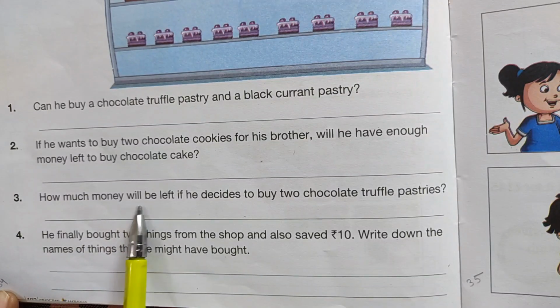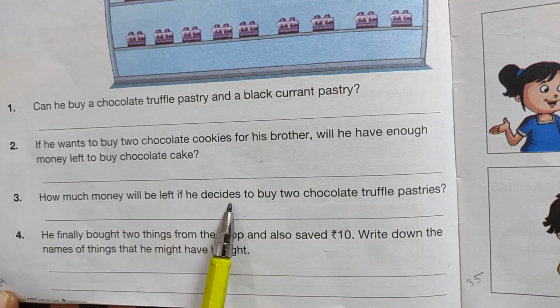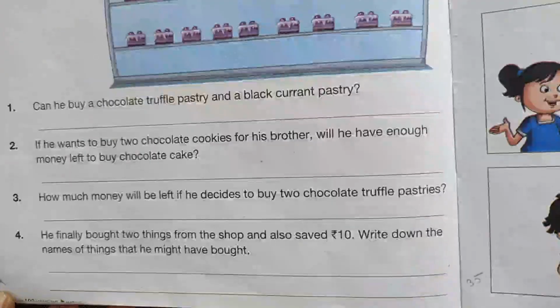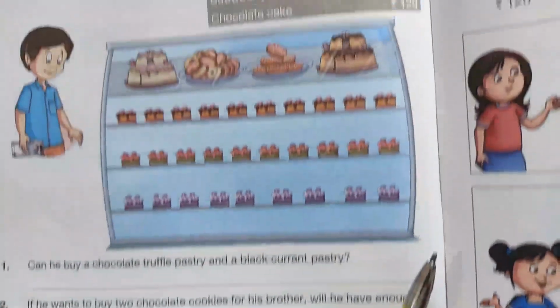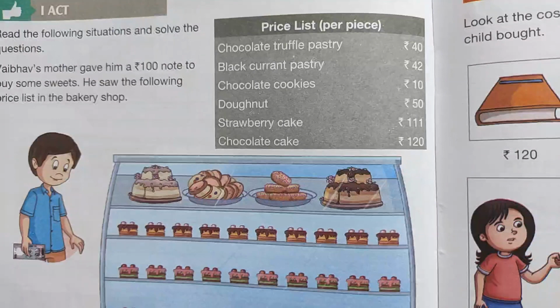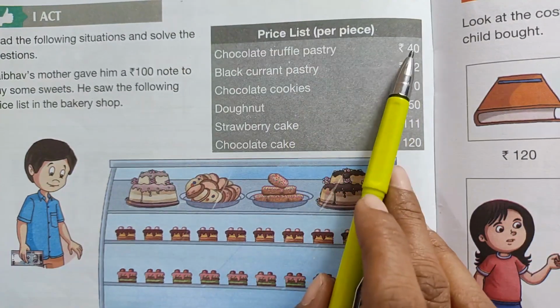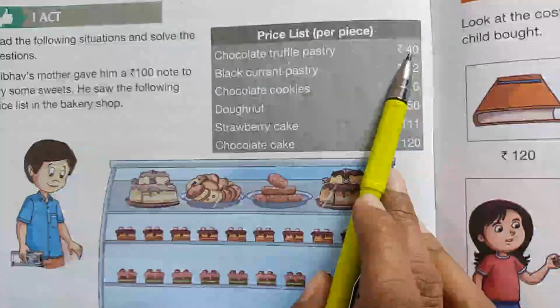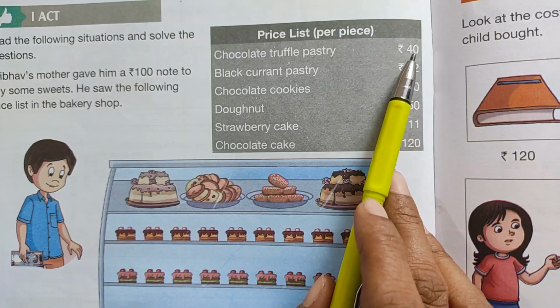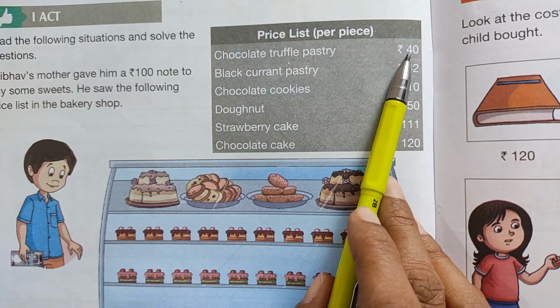How much money will be left if he decides to buy 2 chocolate truffle pastries? The price of this chocolate truffle pastry is ₹40 and he wants to buy 2 chocolate truffle pastries, means 40 plus 40, 80.